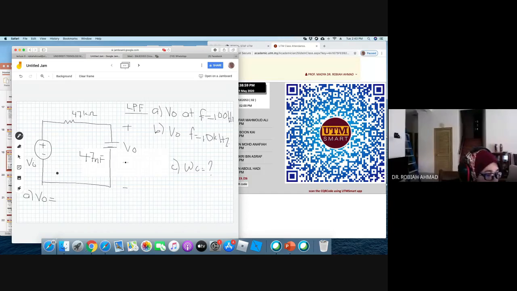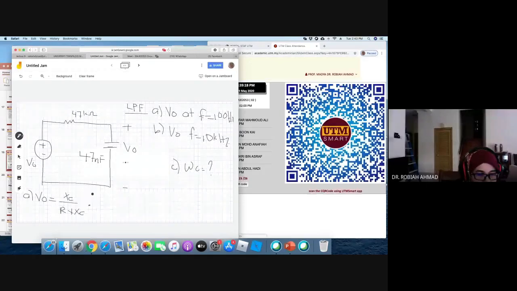Using the voltage divider, it will be the capacitive reactance, which is XC over R plus XC, right? This is the voltage divider, and then times Vi. Okay, so is this value, please find your impedance.